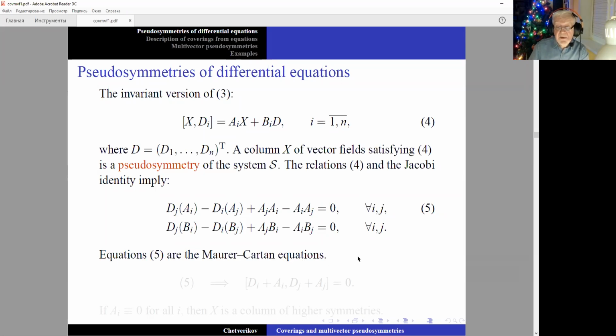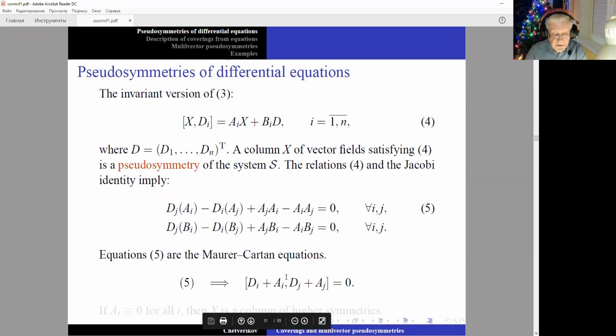From these equations, it follows that the matrix differential operators d_i + A_i and d_j + A_j commute for any i and j.